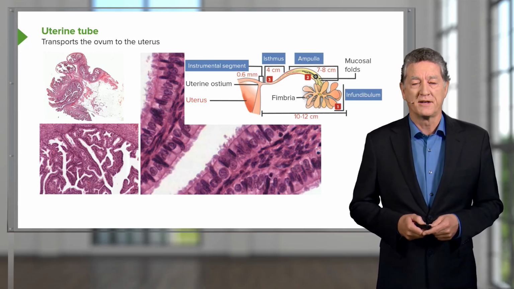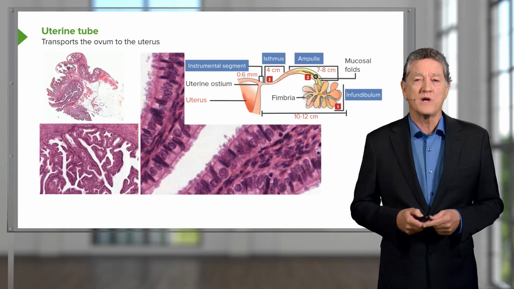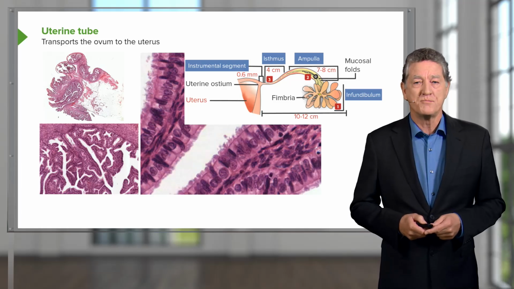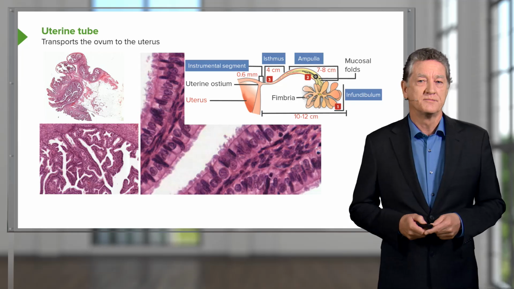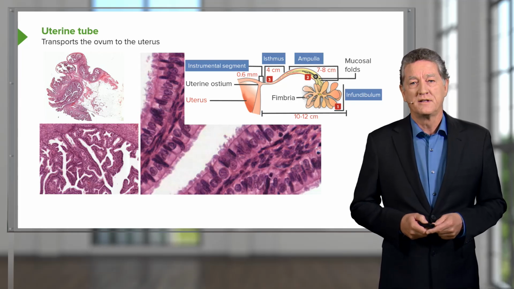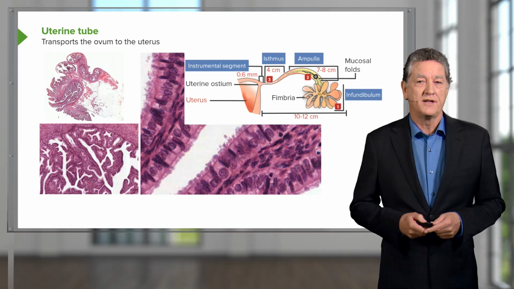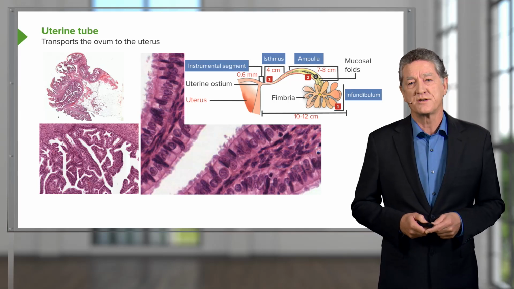And because of that, and because it's arrested in the second meiotic division, during that long time, there is the possibility of errors in the meiotic division process. And this can give rise to anomalies, such as non-disjunction, arising, for instance, in the trisomy of chromosome 21 or Down syndrome.